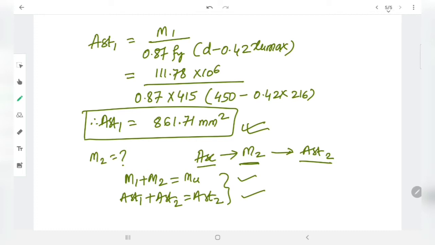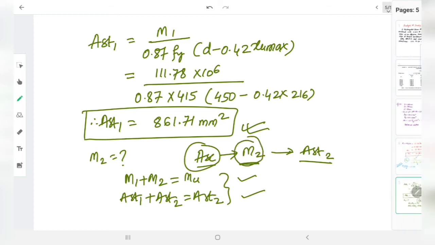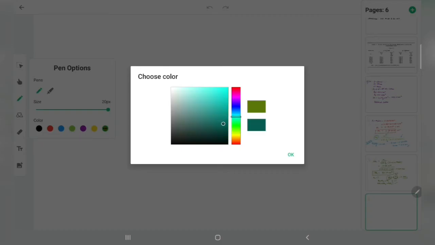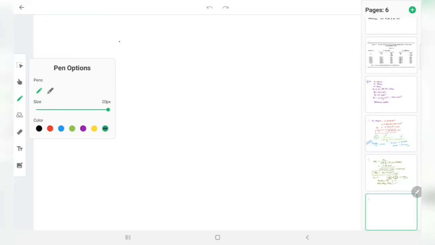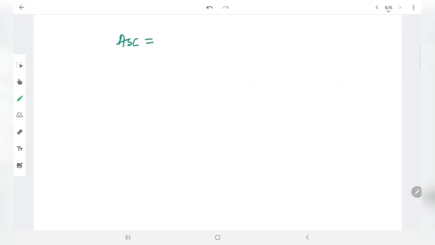Now here what I will do, I'll be using ASC and finding the value of M2. I know the equation, so I'll be writing the equation. It is ASC is equal to M2 divided by FSC minus 0.446 FCK into bracket D minus D dash.